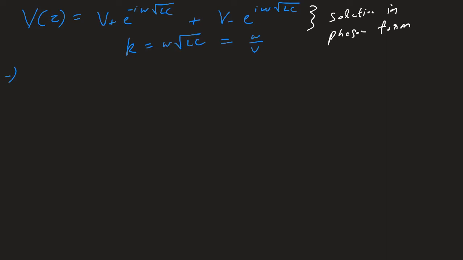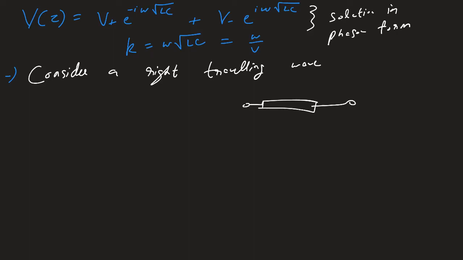Anyhow, so now let's consider a right traveling wave. When I mean right, I just mean that this is my transmission line, in which we have the lumped parameters, and I mean the direction of increasing z.